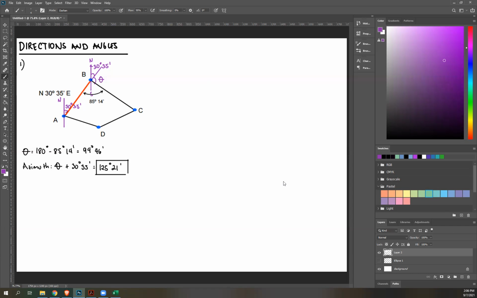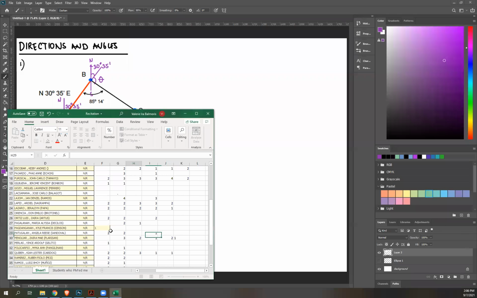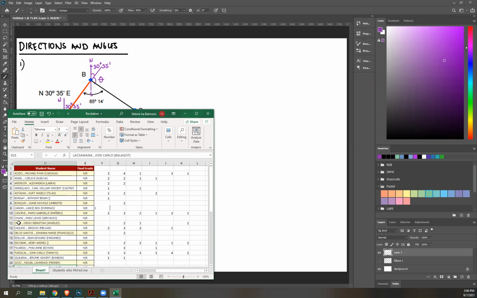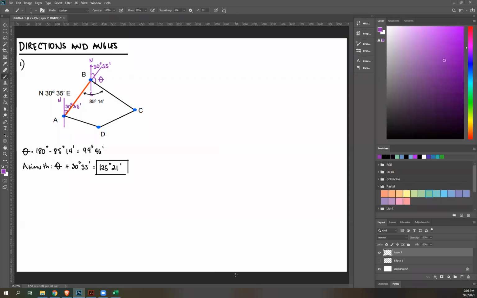Correct, it's south. Because if you take it from north, that's actually the same as your azimuth, which is 125, and bearings can't be larger than 90.